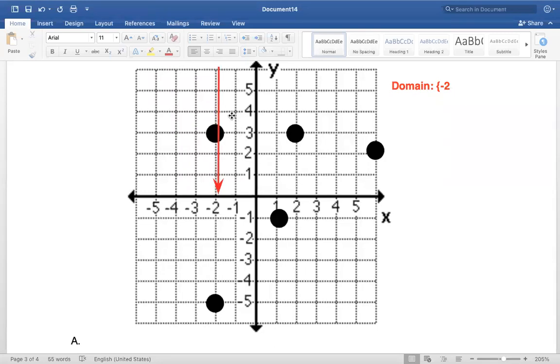Then we'll keep going. Nothing here, nothing here. Look, another dot at 1. Then there's one at 2. Nothing, nothing, nothing. Last one over here at 6.